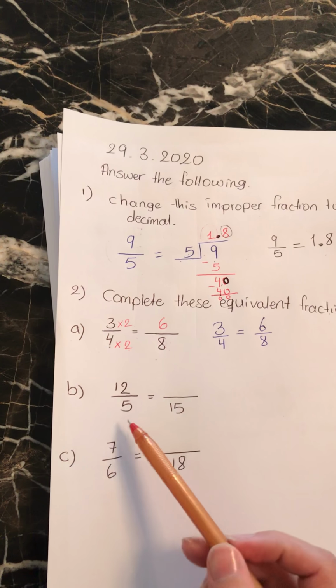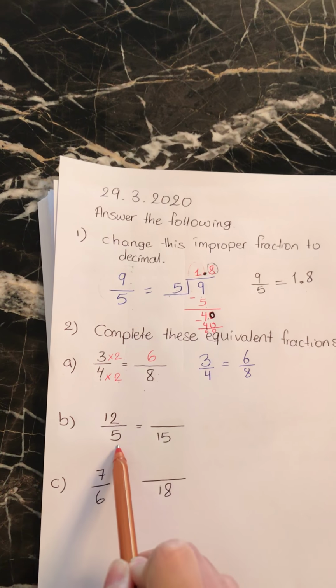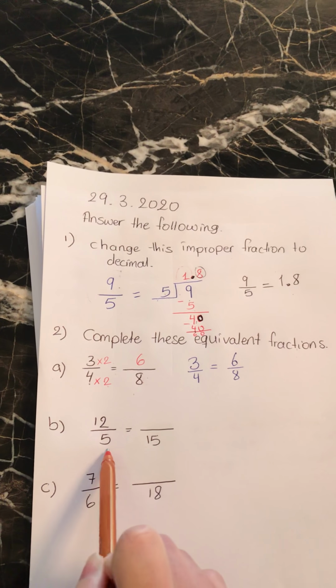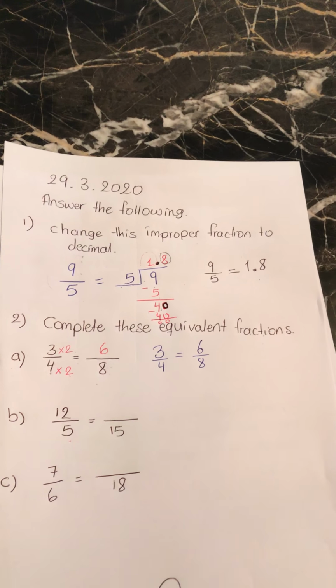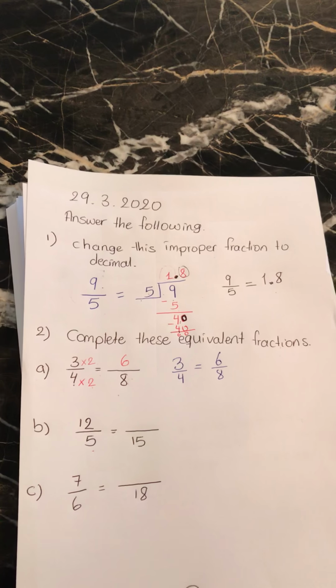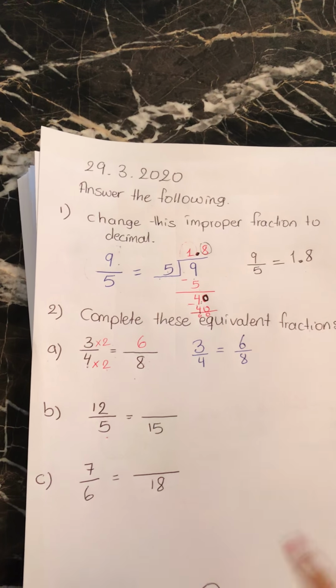Okay, before I solve the second one, try to pause the video and solve it yourself. If you solved it correct, then it means you understood the subject. If you didn't understand, it's okay, I will solve it for you now.